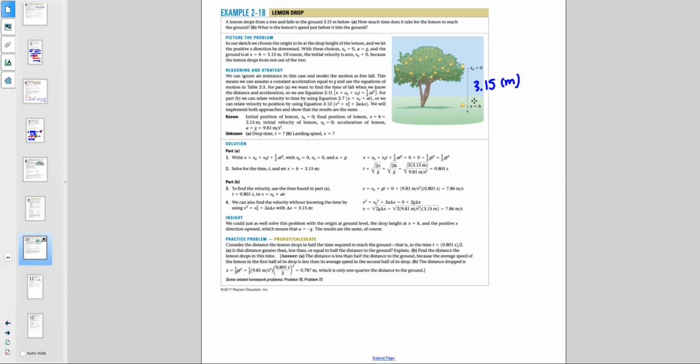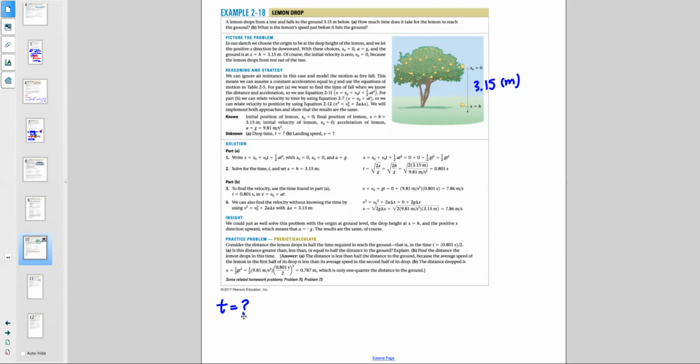And how much time does it take for the lemon to reach the ground? So we want to know how much time it requires for the lemon to drop. So what I'm looking for in part A is T, the time that it took the lemon to hit the ground.